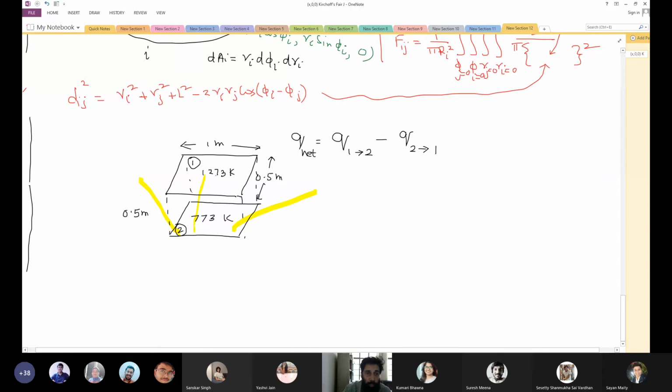So that means that surface 1 is releasing some energy to surface 2, and surface 2 is receiving some energy from surface 1. Surface 1 is releasing to 2, and 2 is giving something to 1. So this difference is the net energy exchange between the two surfaces. So let us obtain Q12 and Q21.